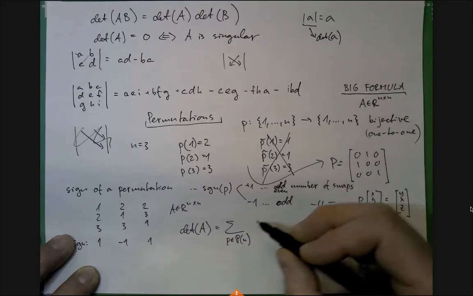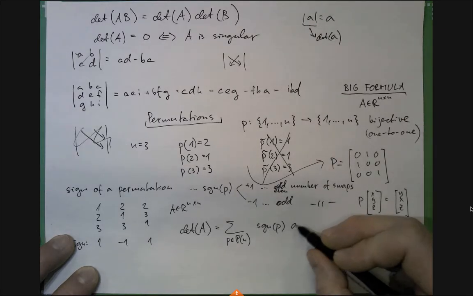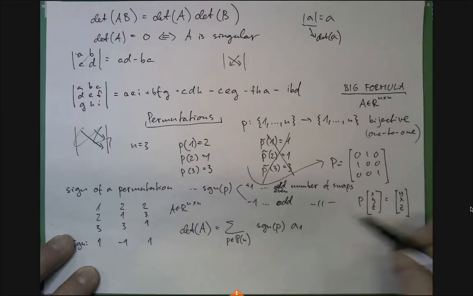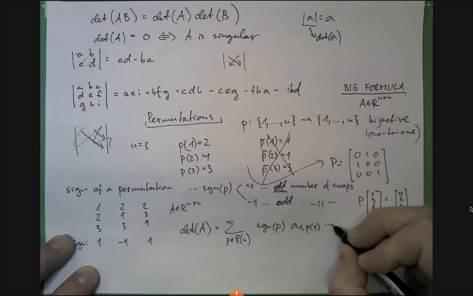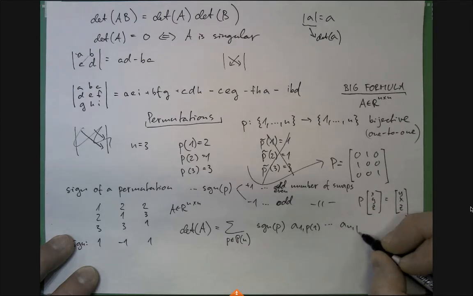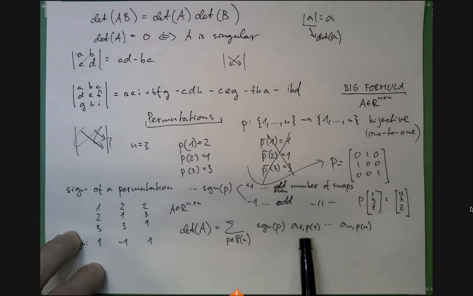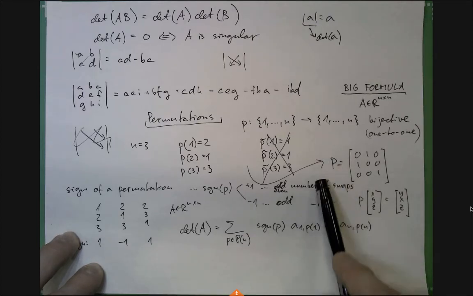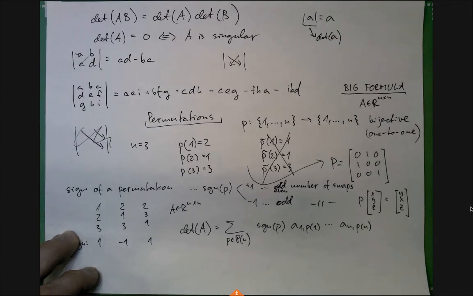Here I have the sign of the permutation, and here I have a product of elements of the matrix A. The first index goes over all rows, and the second index applies the permutation and picks the corresponding column. Do you see what's going on there?